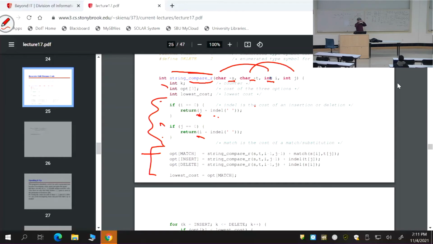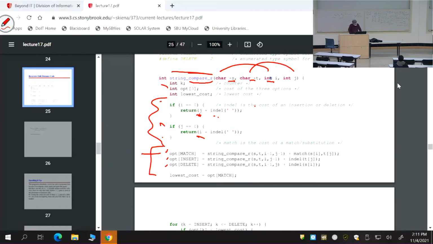Why are we doing all three recursive calls? Well, the optimal choice will end up with either a match, an insert, or a delete. Do you agree that those are the three possibilities? So to find the best one, you've got to try all three. How do I know that ending on a match is the right thing?